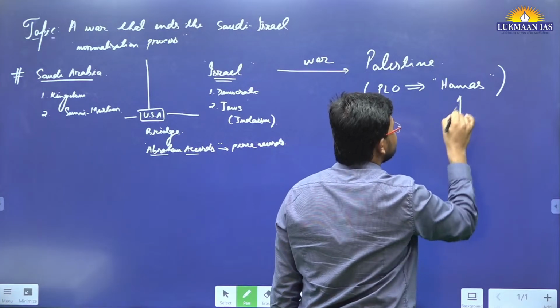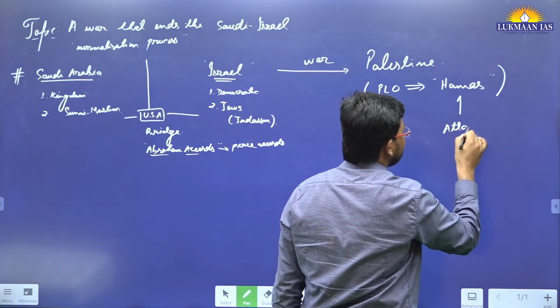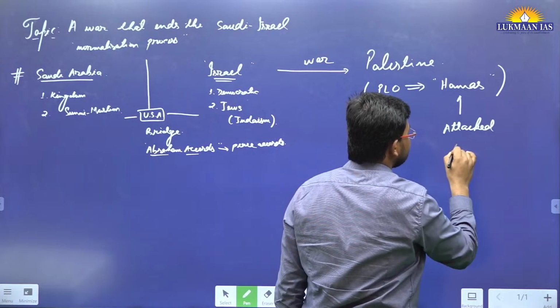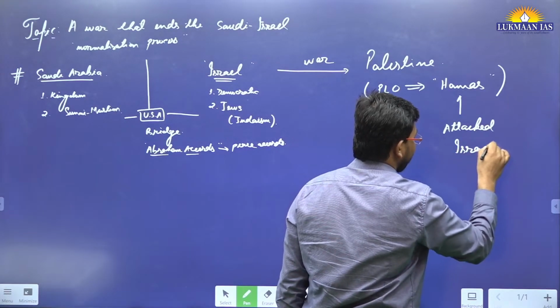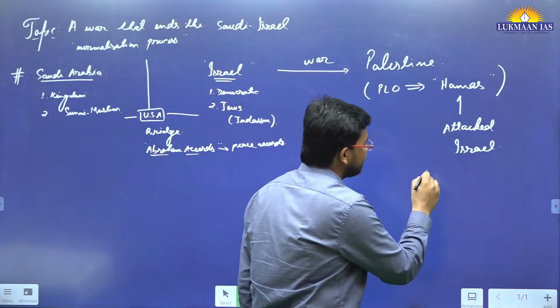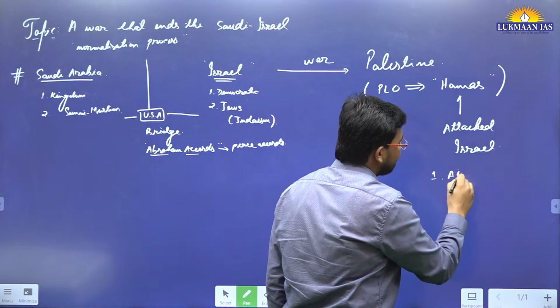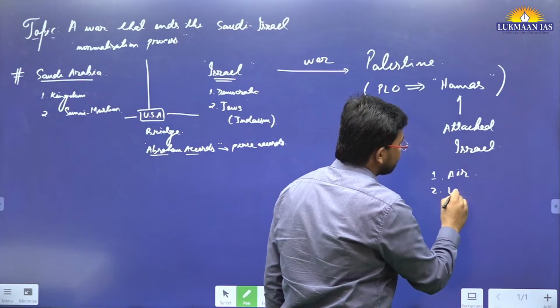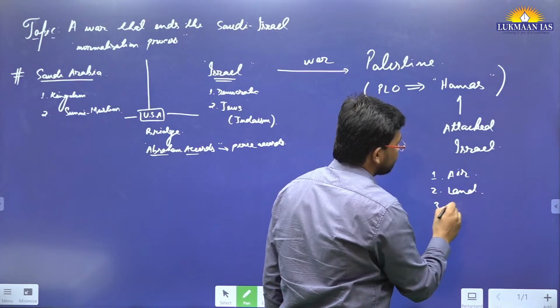What Hamas has done is that it has recently attacked Israel. They have attacked from 3 sides: they have done air strikes, strikes through land, and strikes through the sea route.